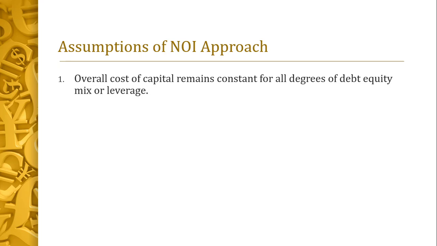See, overall cost of capital, how did you calculate? EBIT divided by V, value of the firm. So, if you know the EBIT and cost of capital, how will you calculate the value of the firm? It is simple math, right?